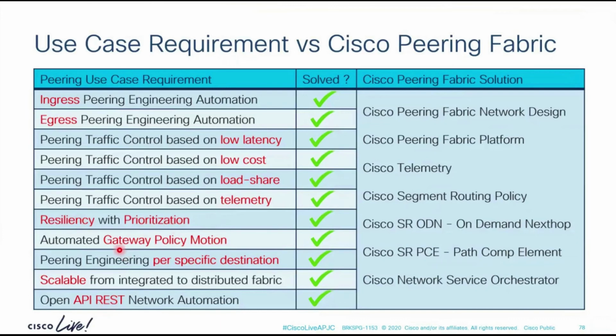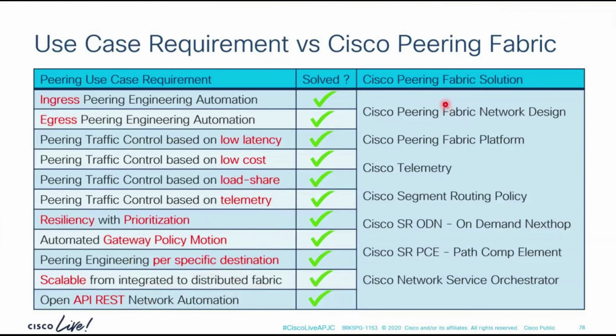And we can also leverage NSO capability to automate the gateway policy motion in case you want to swing the policy from one gateway to another gateway. And we can have very specific destination policy, and it's very scalable. We can start from our integrated standalone internet gateway to our distributed peering fabric.